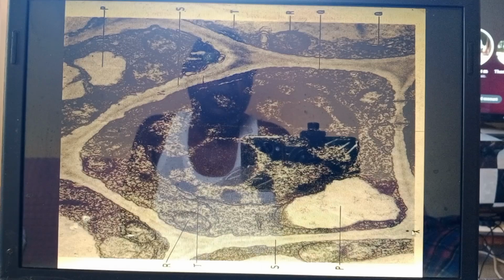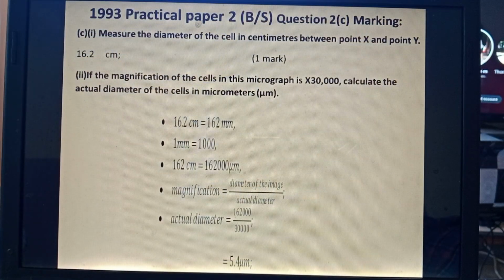You measure, and that is the length which we are getting as 16.2 centimeters. Converted, that will give you 162,000 micrometers. So magnification is equal to diameter of the image over actual diameter, and therefore actual diameter is equal to 162,000 over that 30,000, and it still gives you 5.4 micrometers.